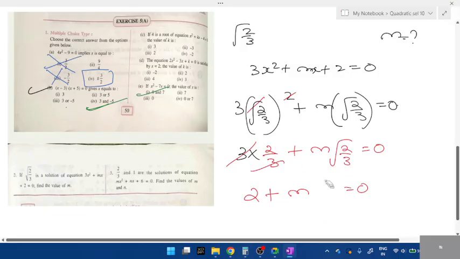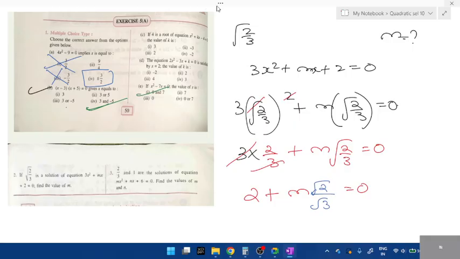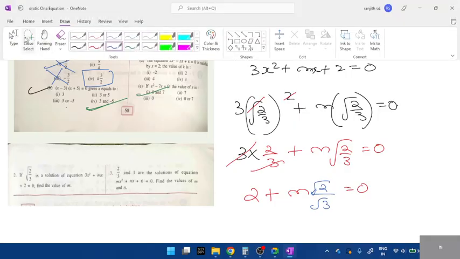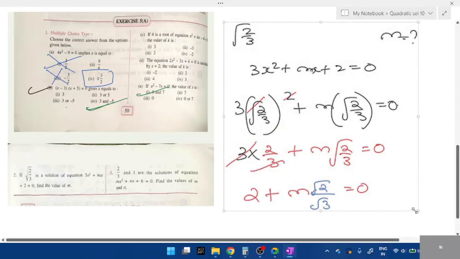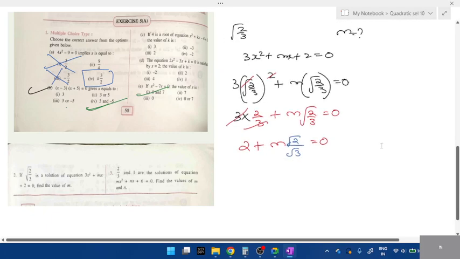See, this root 2 by 3, you can even split and write it like this. Both are same. Plus 2, which is plus 2.